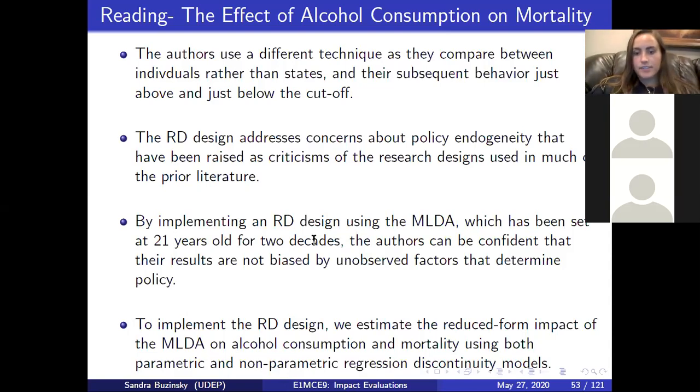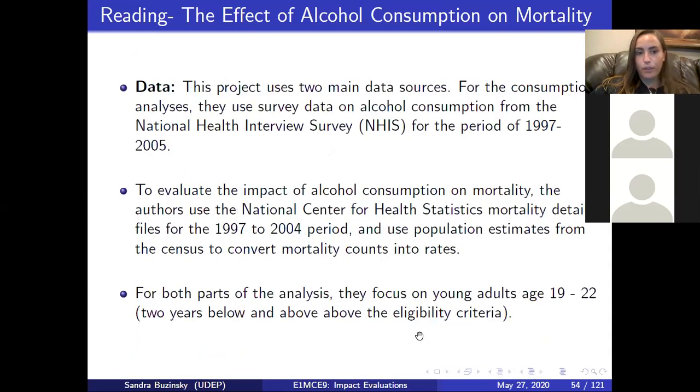So they estimate the reduced form impact of the minimum legal drinking age on alcohol consumption and then mortality. They use both parametric and non-parametric estimations. So their data comes from the National Health Interview Survey from 1997 to 2005.